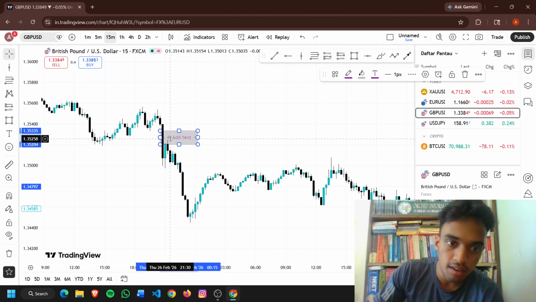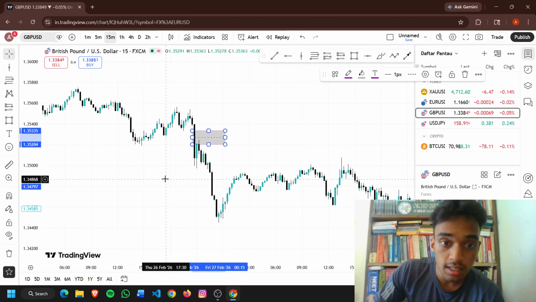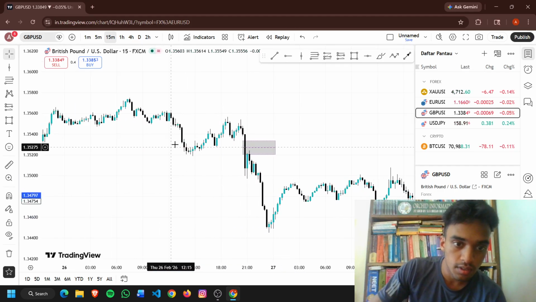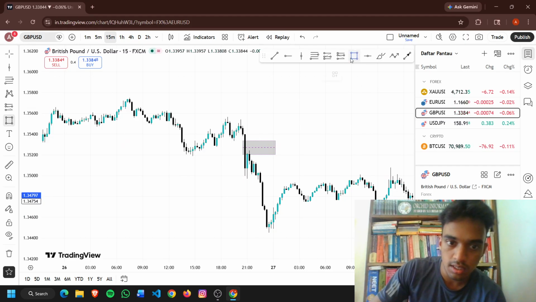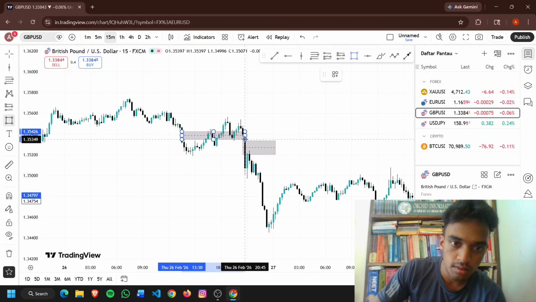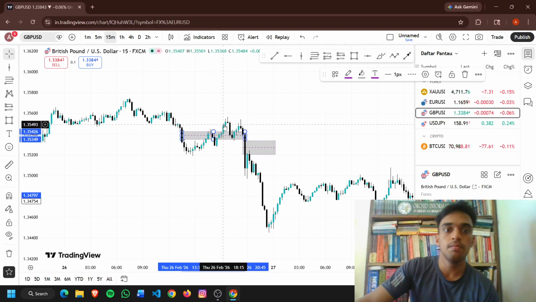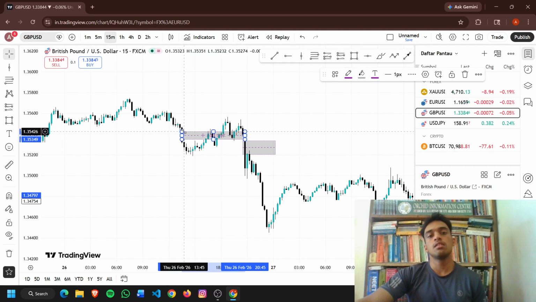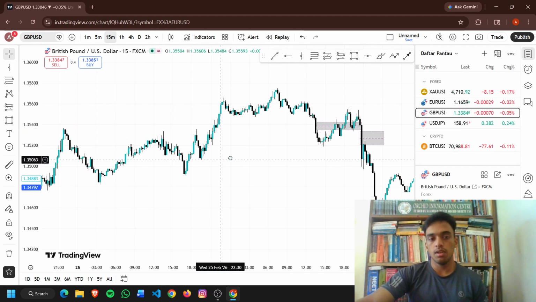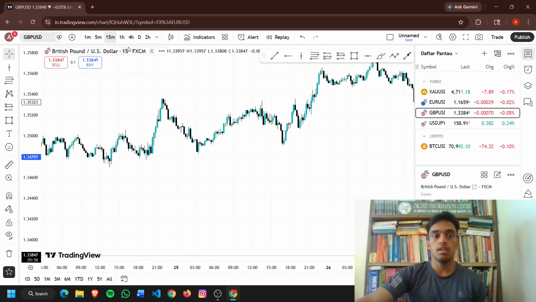Then this black candle filled it and went down. So that is a valid fair value gap. This is not a valid fair value gap. It just got disrespected. When a fair value gap gets closed above, that is not a valid one. There are a lot of valid ones.